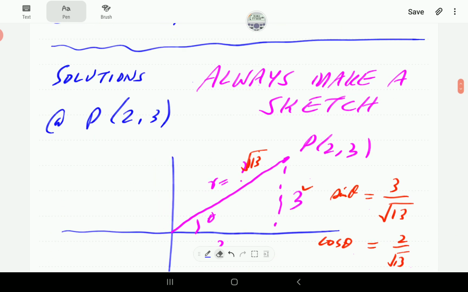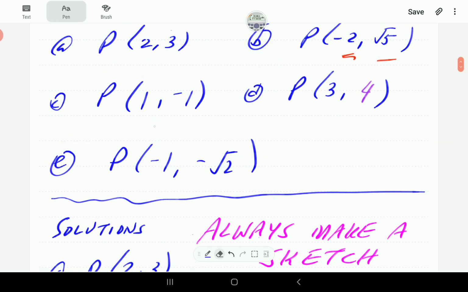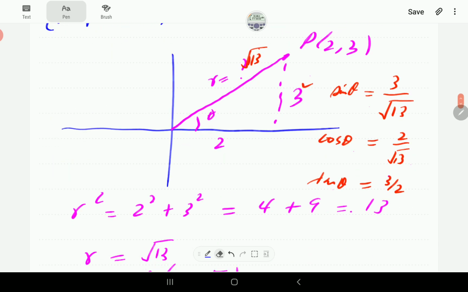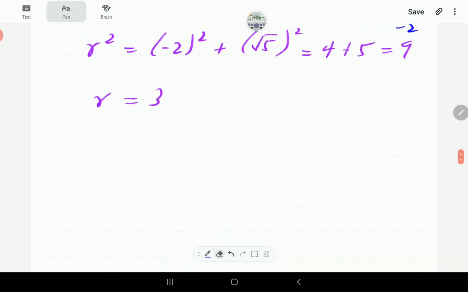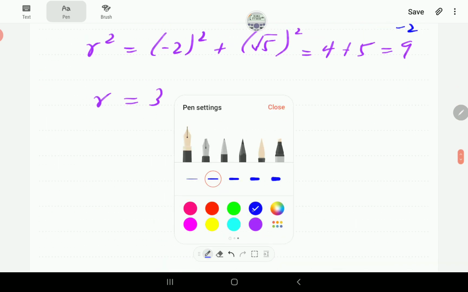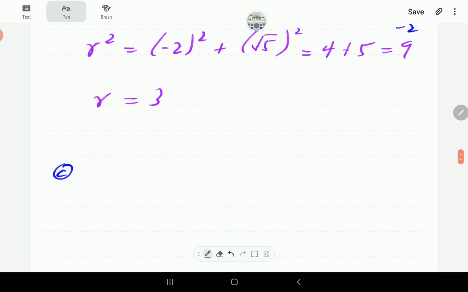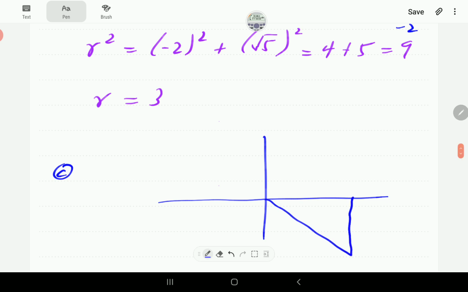In part C, we have (1, -1). Again, we're going to start with a sketch. X is 1, we're going this way. Y is negative 1, we're going this way. This gives us a point in the fourth quadrant.